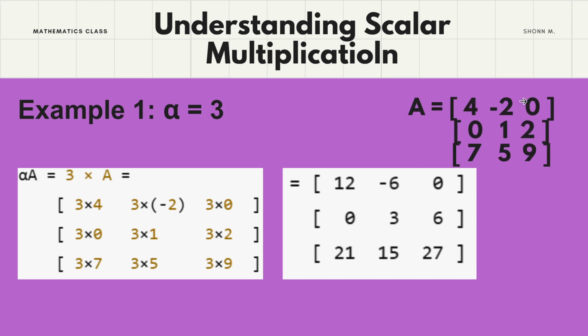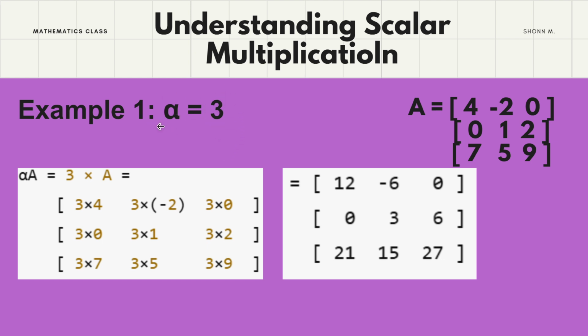Here we have matrix A. It's a 3 by 3 matrix. We have matrix A: 4, 0, 7, negative 2, 1, 5, 0, 2, and 9. And we have our alpha scalar, which is equal to 3. And so, again, we just have to multiply every entry in the matrix by that number.